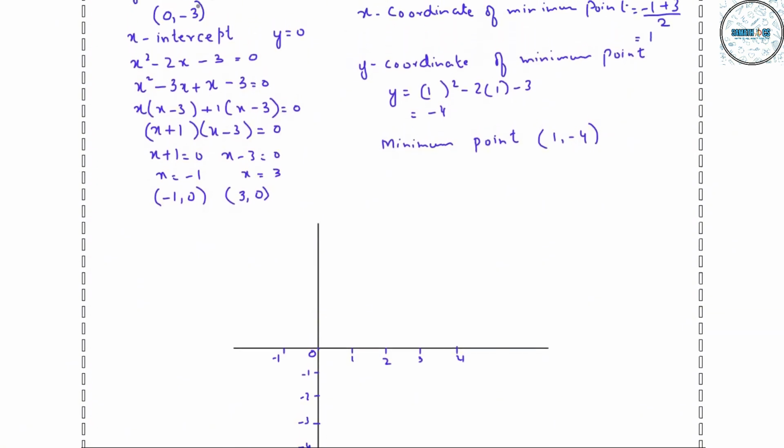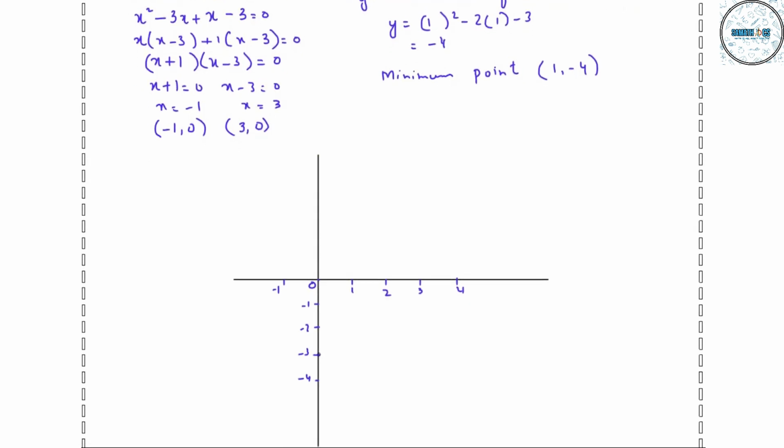As y-intercept is 0, comma minus 3, we can mark this point over here. Minus 1, comma 0, here, 3, comma 0, here. And the minimum point is 1, comma minus 4. So 1, comma minus 4 is here.